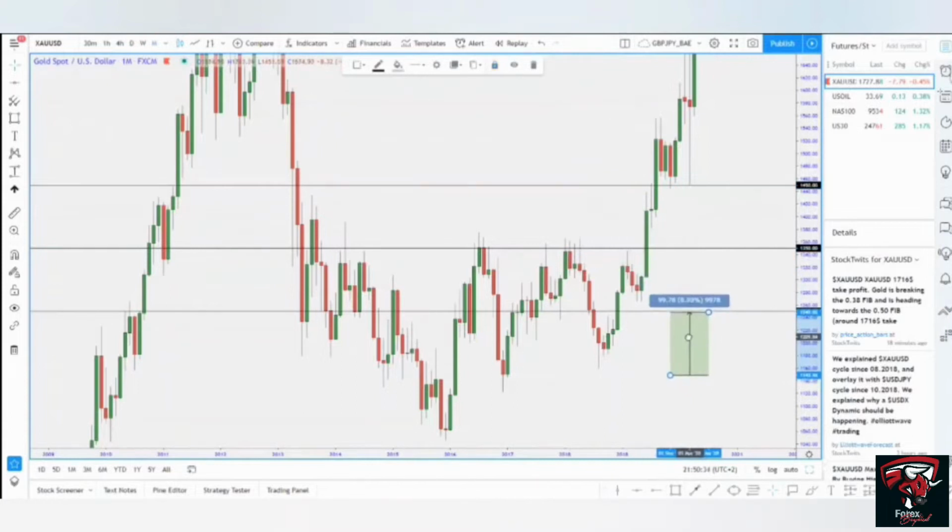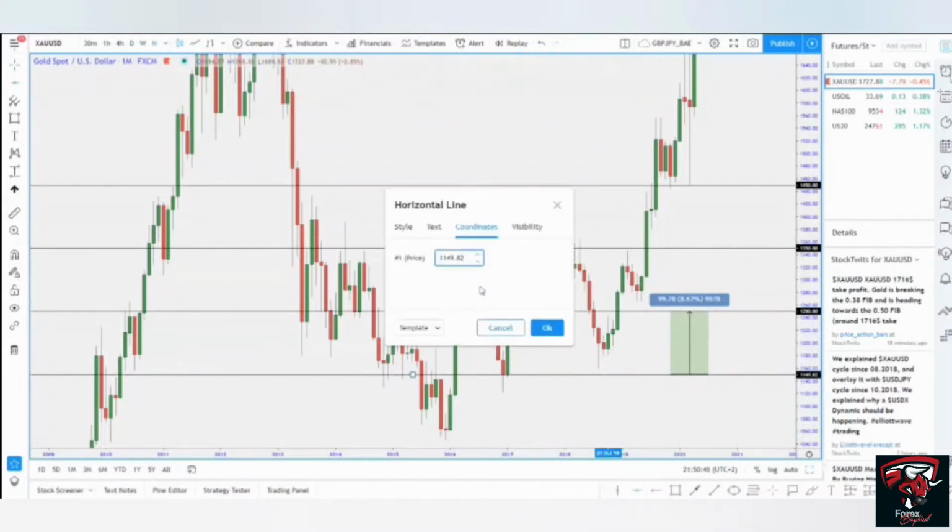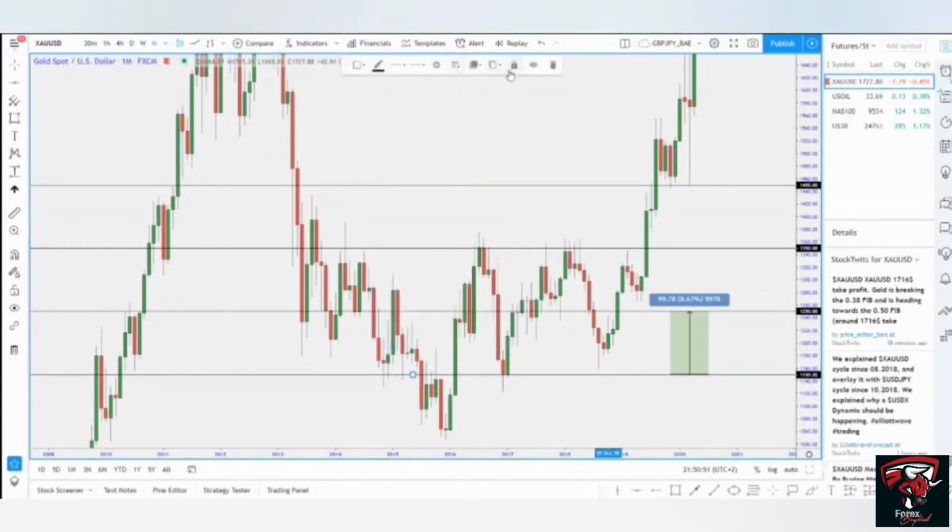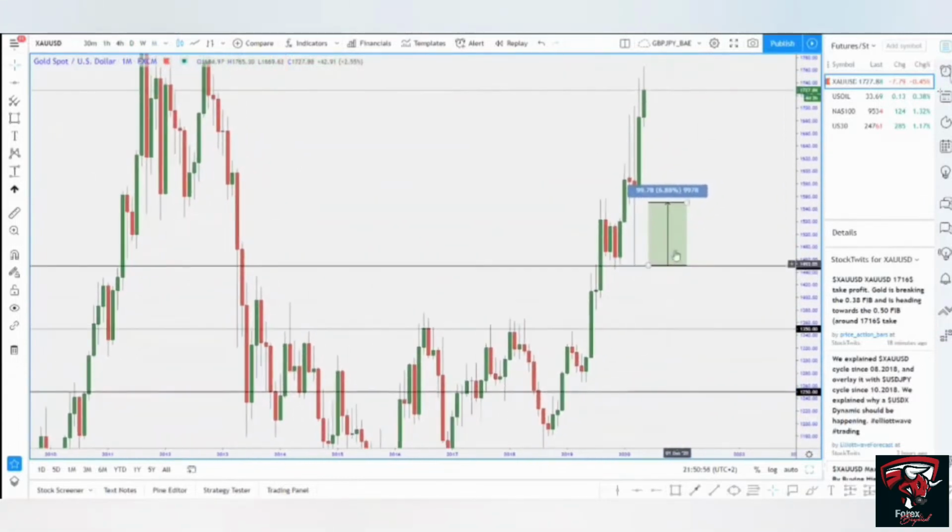You don't have to stress, just find the first levels of support and resistance, and then the next ones are automatically going to sit on your charts nicely. We've got beautiful, equal ranges of support and resistance. You can draw them until current market.